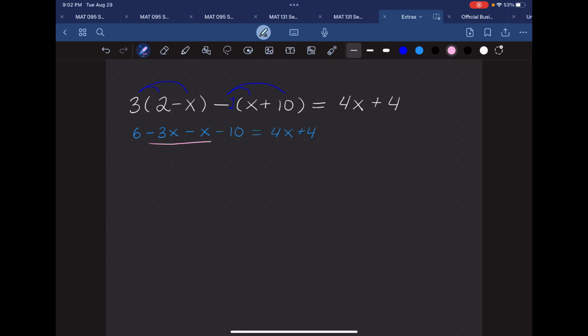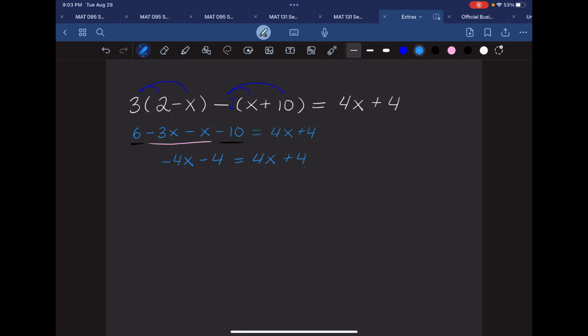So if I have negative 3x minus 1x, that's going to give me a minus 4x. And then I have this 6 and this minus 10 that I can combine. 6 minus 10 gives me minus 4, and I get equals, and on the right-hand side I can leave this 4x plus 4.